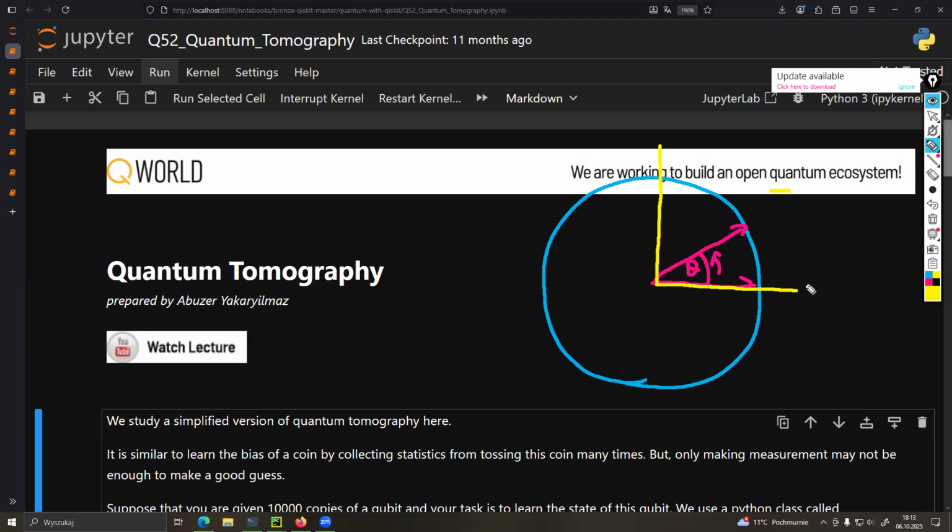This plus x, let's say, and this 0 and 1. We have mentioned only how we rotate somewhere around here, right? And when we land here, we get some distribution.